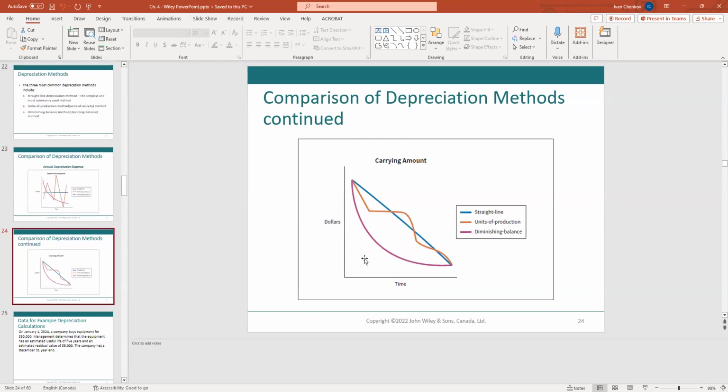In reality, all three methods should produce the same result, starting at the same point and finishing at the same point, which will be the original cost minus the residual value that we estimated we can get from the asset.